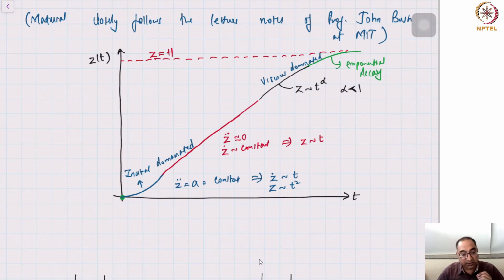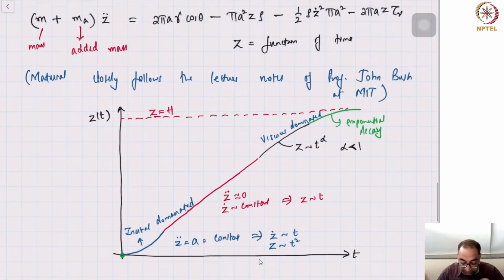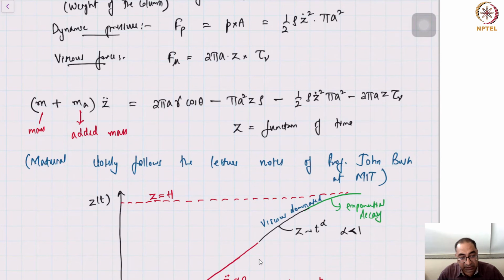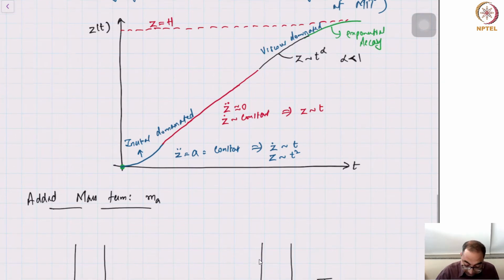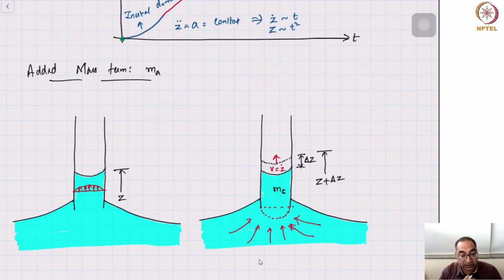But let's look at the force balance. We've already written down the force balance. We have to write down the added mass now. Our goal is to calculate the value of this m_A. For that, I've shown a schematic here. The fluid is rising in the column with a velocity given by z dot.